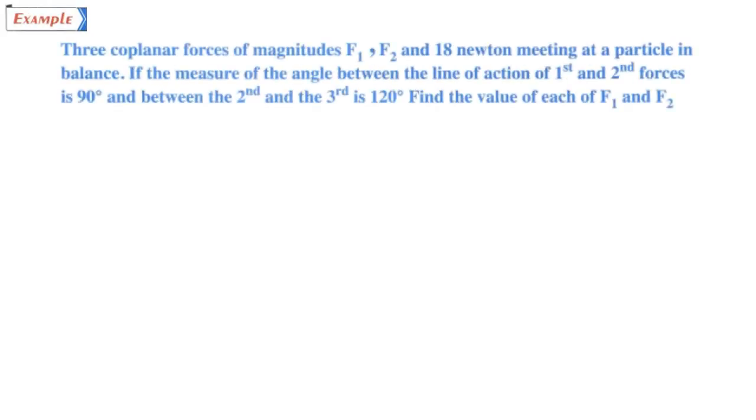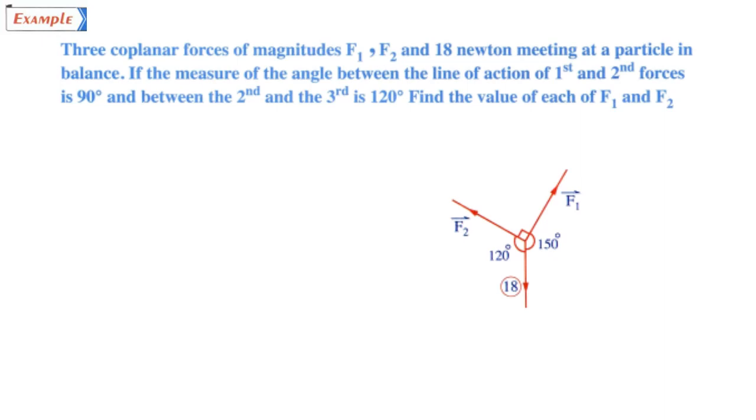Let's try to solve problem number one. Three coplanar forces of magnitude F1, F2, and 18 Newton meeting at a particle are in balance. If the measure of the angle between the lines of action of the first and second forces is 90, and between the second and the third is 120, find the value of each of F1 and F2.